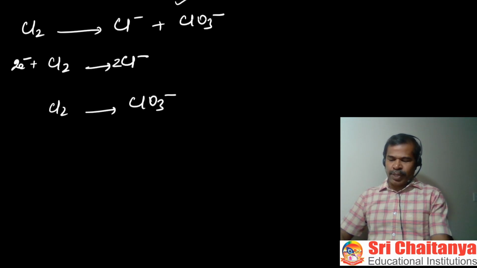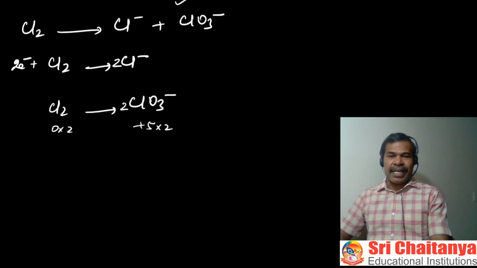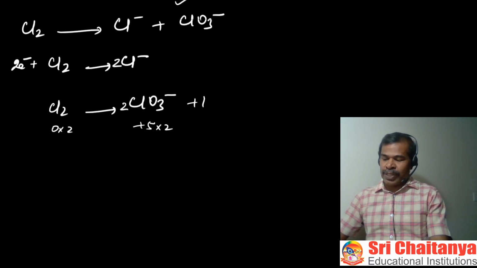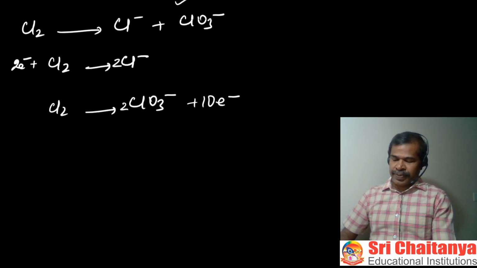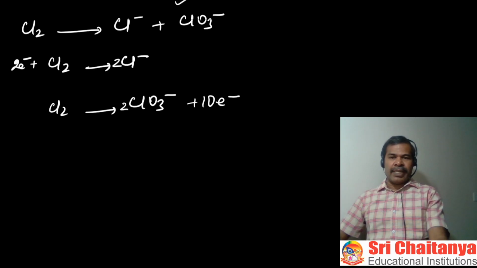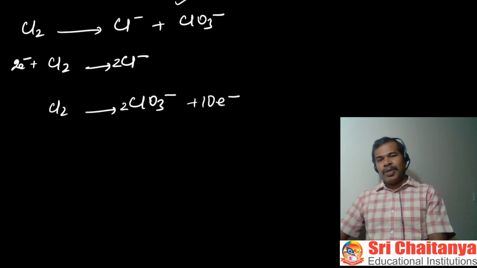There are 2 chlorines, so you take 2 chlorines here. It is 0 and it is becoming +5. So 2Cl at 0 becoming 2Cl at +5, so the total number of electrons lost will be 10.